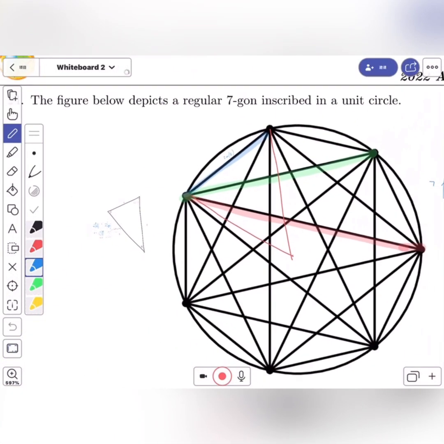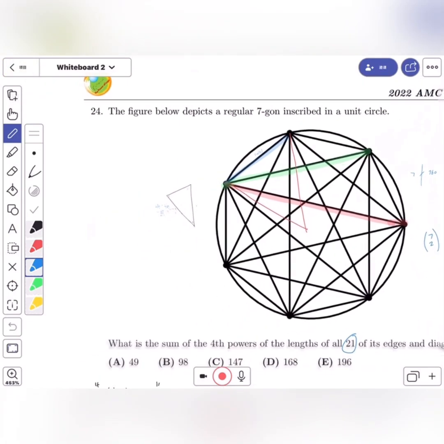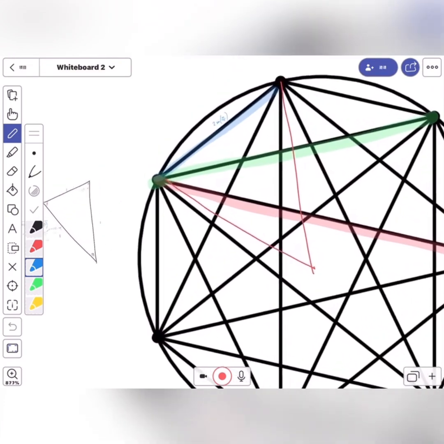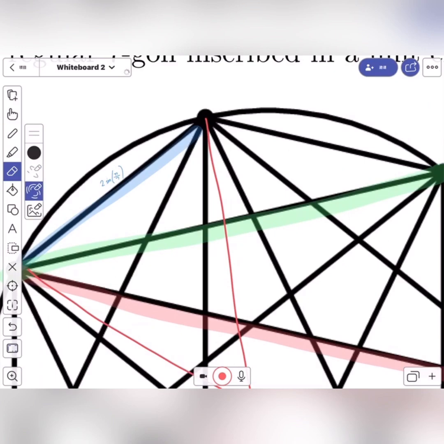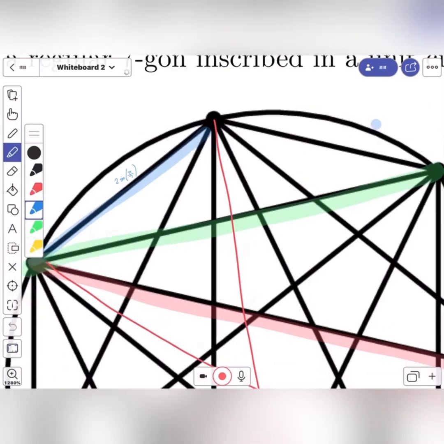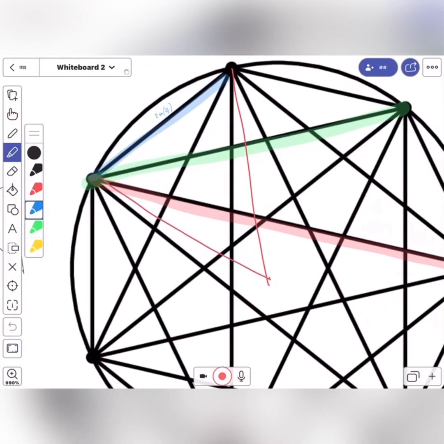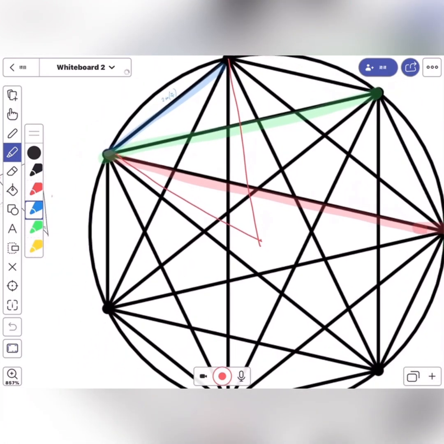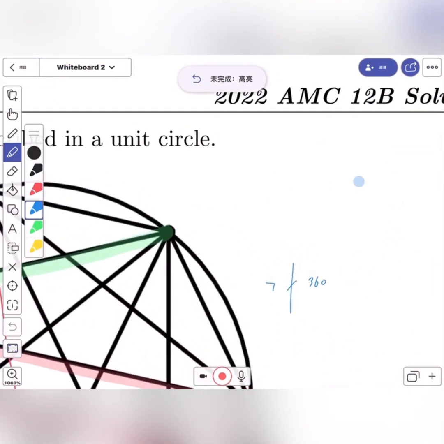Now, how are we going to find the green or the red line segment? If we want to find the length of the green segment, then we can simply look at this triangle over here.